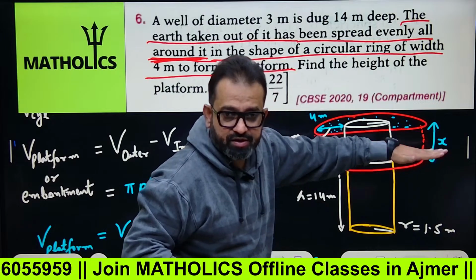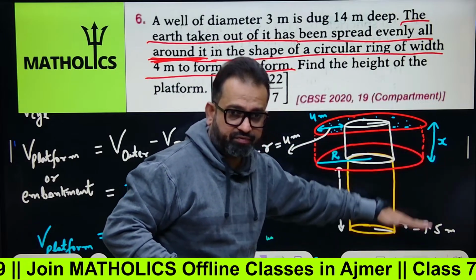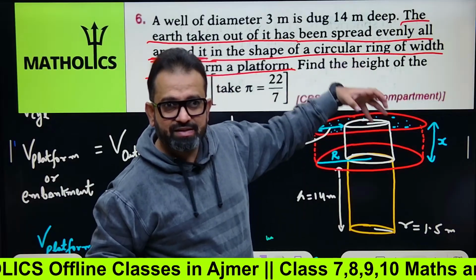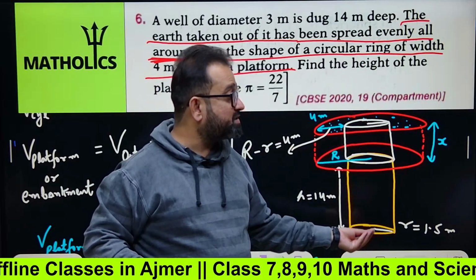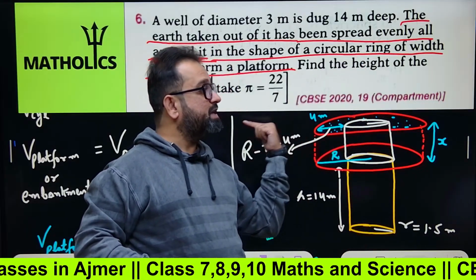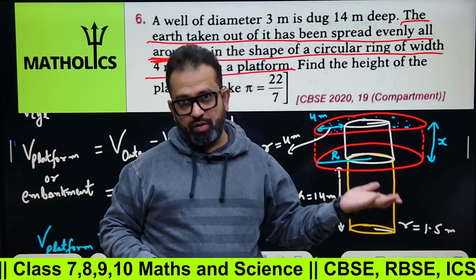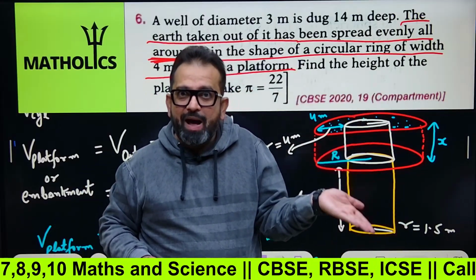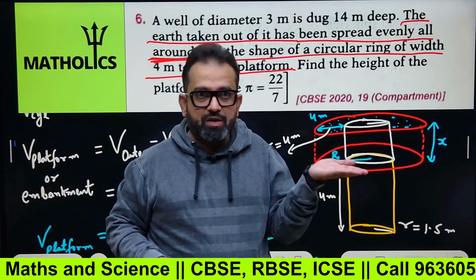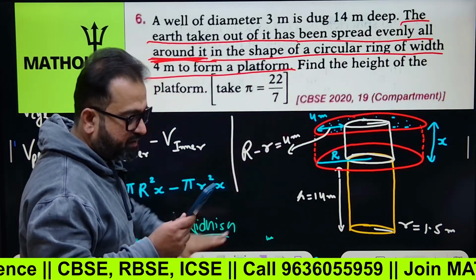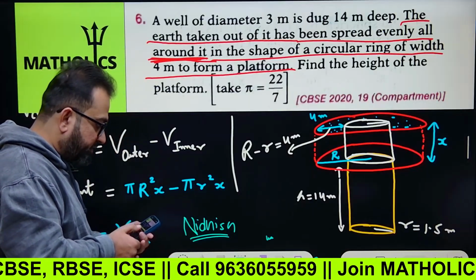This is the ground level, and the lower side is sand only. You take out this sand, so obviously a cylindrical shape will be formed. This taken out sand is evenly spread around the well, so it will make an embankment, a platform. The height of that platform is x. You have to find the height of this platform. Yes or no?